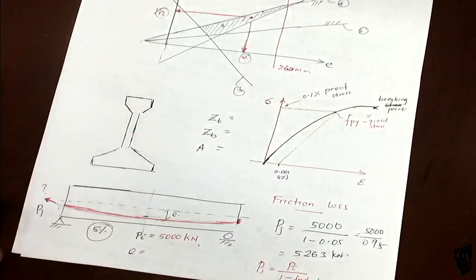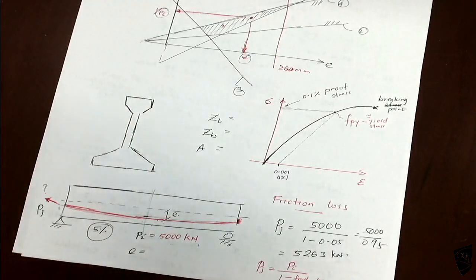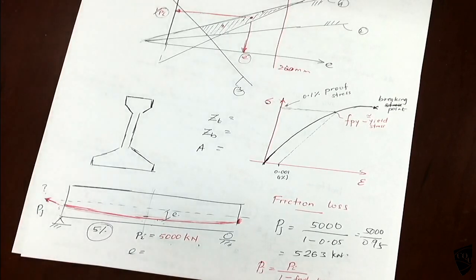Kind of, not exactly yield stress, but this is the equivalent of the yield stress in this material. If your material doesn't have a clear yielding point, we should use the proof stress as the yielding point.